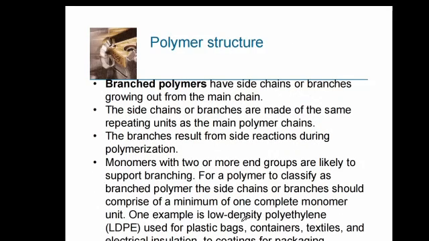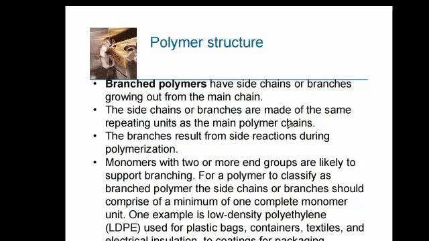And then when it comes to branched polymers, these ones have side chains or side branches. And these branches go out from the main chain or the polymer backbone. And the side chains are made of the same repeating units as the main polymer chain.